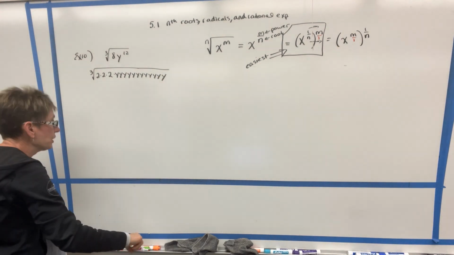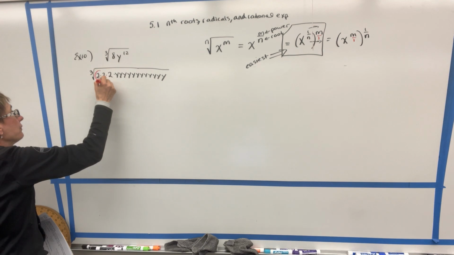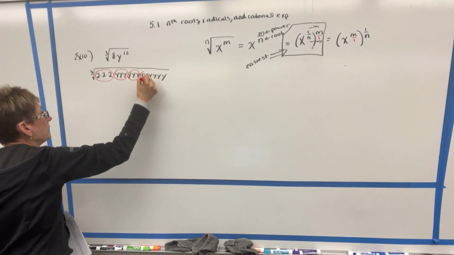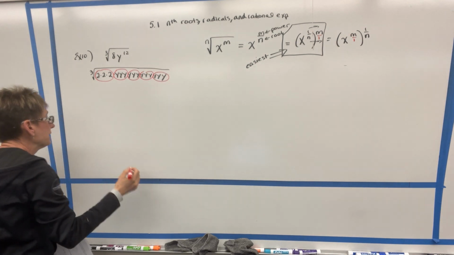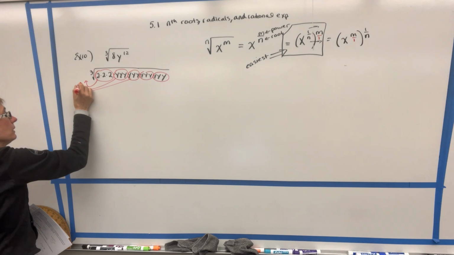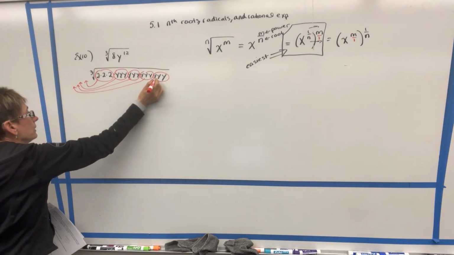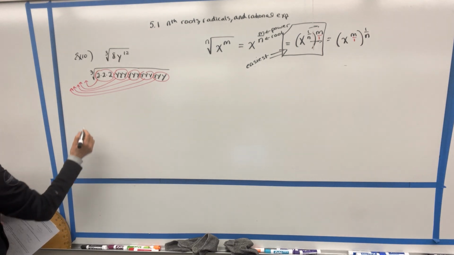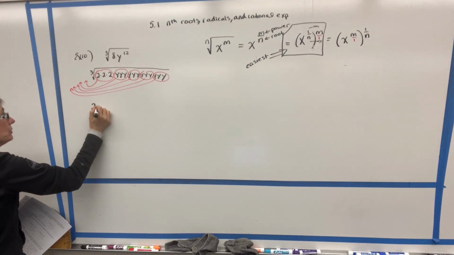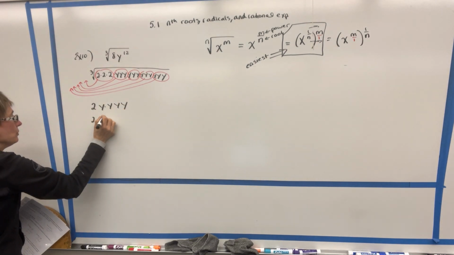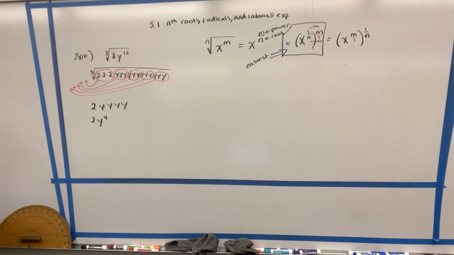Now, because this is a cube root, I'm looking for groups of 3. So I can just circle the groups of 3. Every time I have a group of 3, it means I can take that number or letter outside my radical symbol. In this case, there would be nothing left inside. I would have 1, 2, and then I would have 4 y's. So this would be 2y to the power of 4.